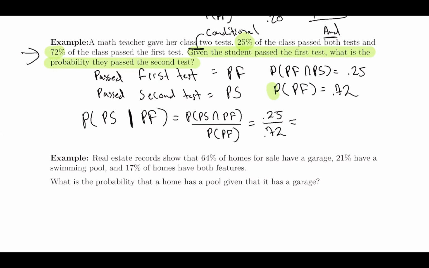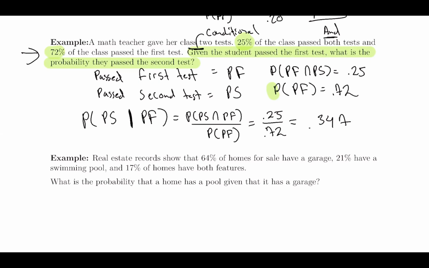Cool, good job, Lisa. If I do 0.25 divided by 0.72, what do I get? You should get 0.347, and that's your final answer. So given that you pass the first exam, the probability you pass the second exam is 0.347.